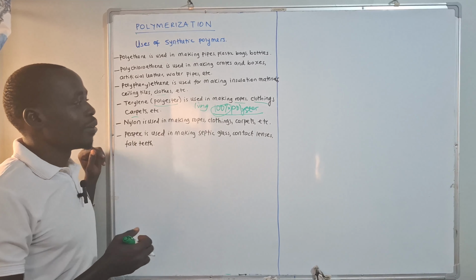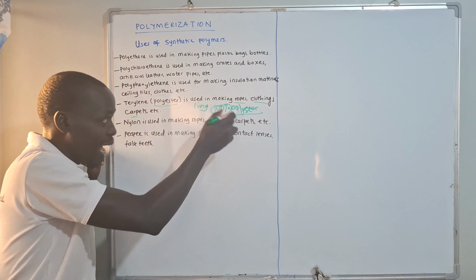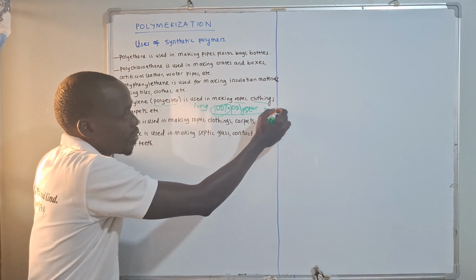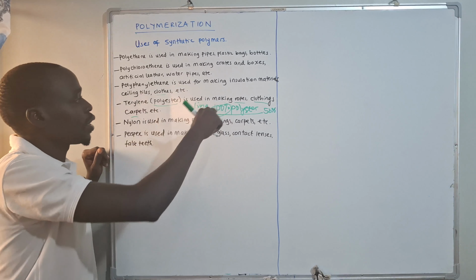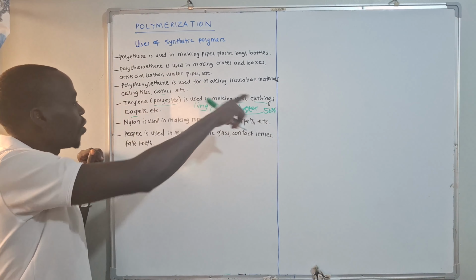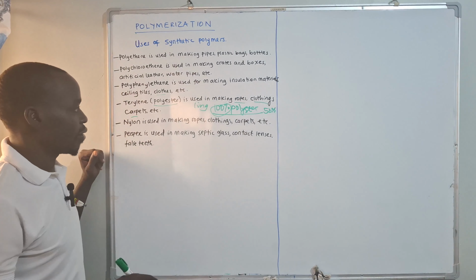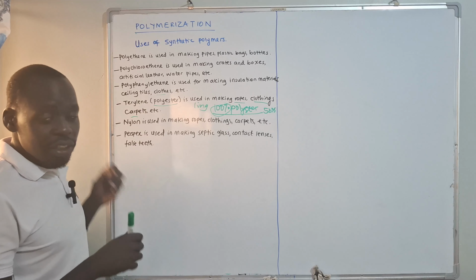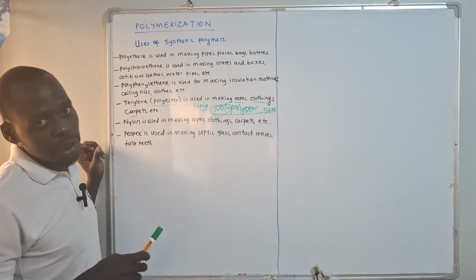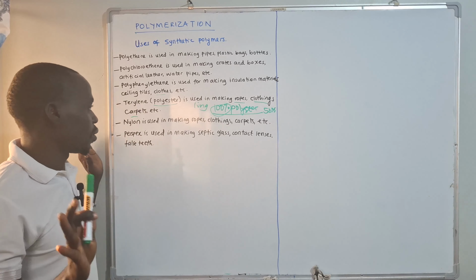Just make sure that you go and buy it. What if it is 50% polyester? You can also buy it. Why? Because this material is very, very strong. That's why you use it for making ropes, clothing, carpets, and many other things. And that will distinguish you, someone who has attended chemistry, especially organic chemistry, from the rest who did not.